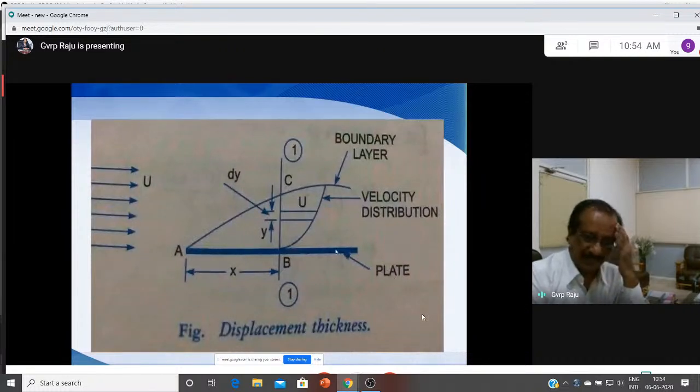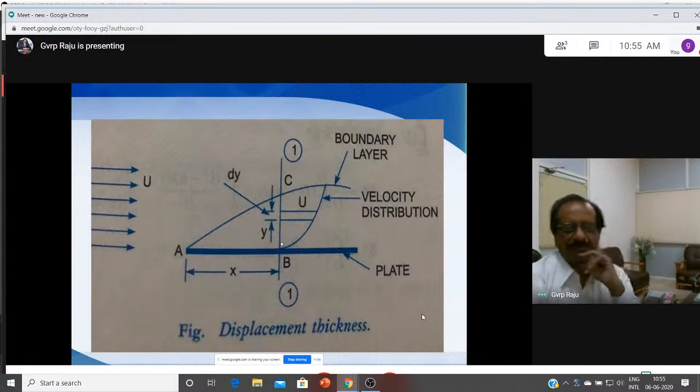Once again, consider the plate here and the flow of fluid. What exactly do we mean by thickness of the boundary layer? There are two important issues for getting thickness. One is that the thickness should always be measured normal to the plate, exactly vertical here.